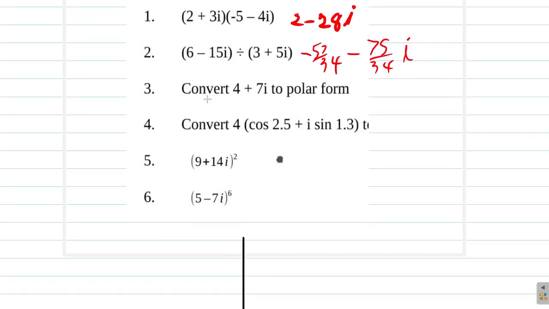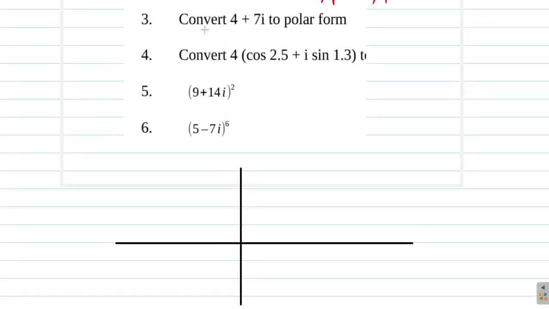You have 4 plus 7i. That means from the origin, you go 4 to the right, which is positive, and plus 7i positive, you go up. So here we have our complex number, where the end is located above 4 and beside 7.